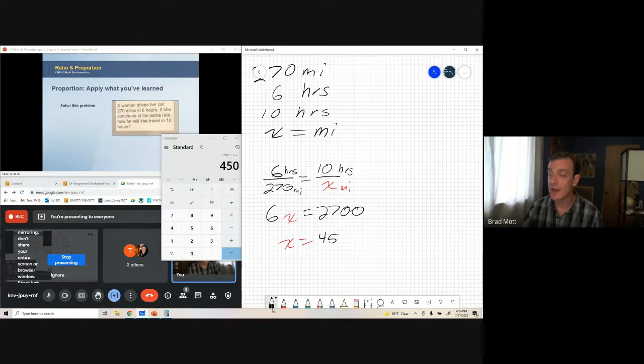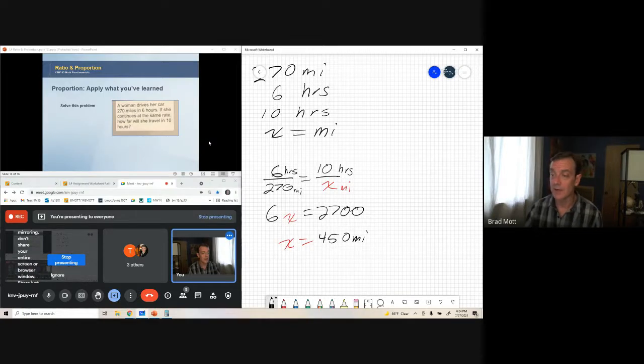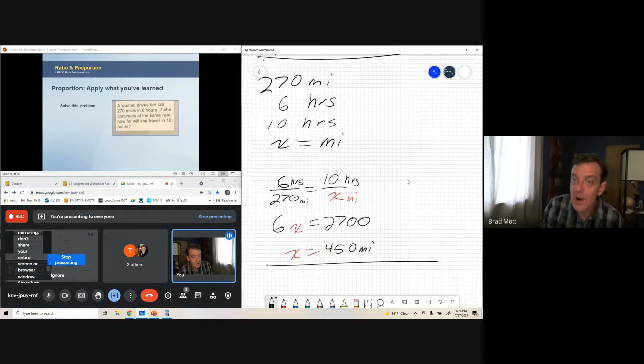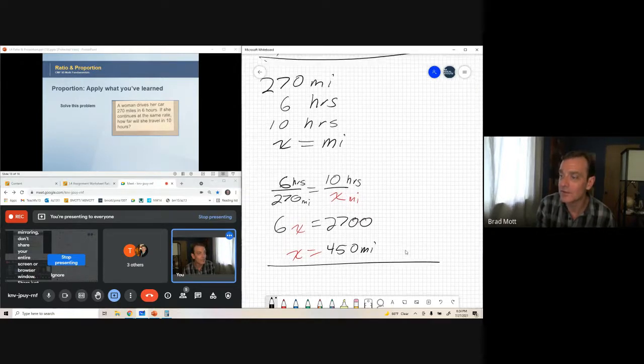So after 10 hours, she will have gone 450 miles. Okay, did everyone follow along with that? I know it was a story problem, but once you write down the numbers and set up your equation, then it kind of just all fits together. Kind of like a well-written piece of music.